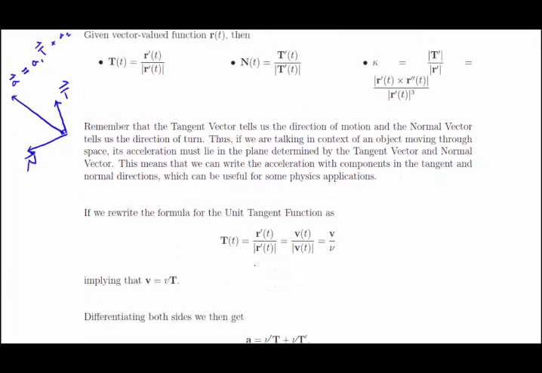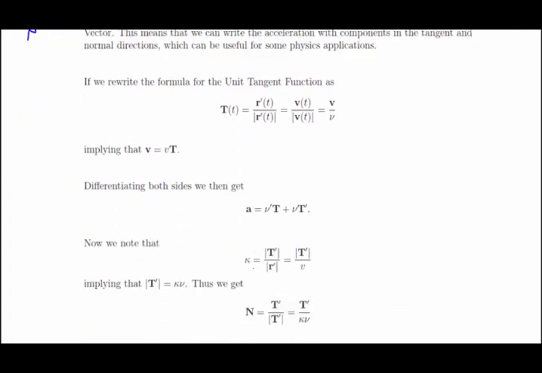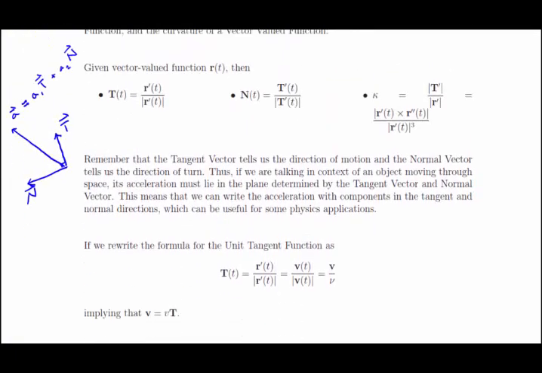So we start with the unit tangent function. I'm going to move this down real quick. So our unit tangent function is given by r prime of t, which is the same thing as our velocity, v of t, and the magnitude of r prime of t is the magnitude of v of t, which we're going to call just little v, or this is technically a nu if I am remembering right.